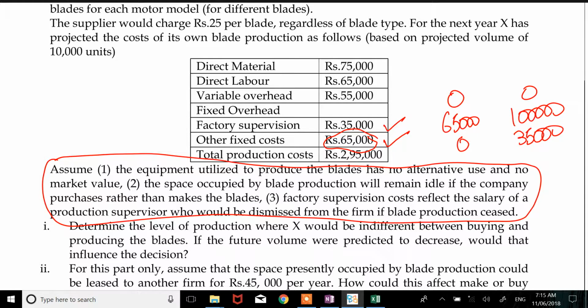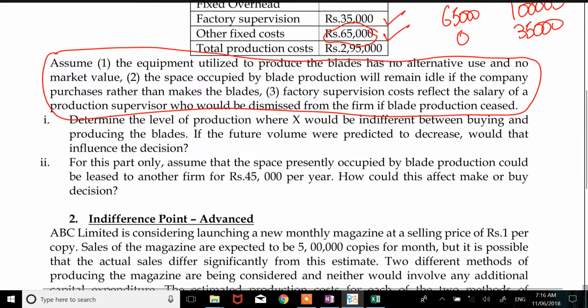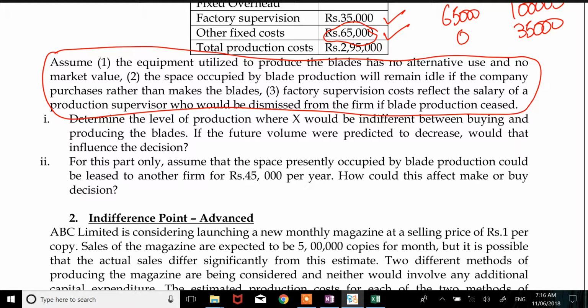Any doubts in this? For the current volume, the company should choose to make the blades. Full stop.